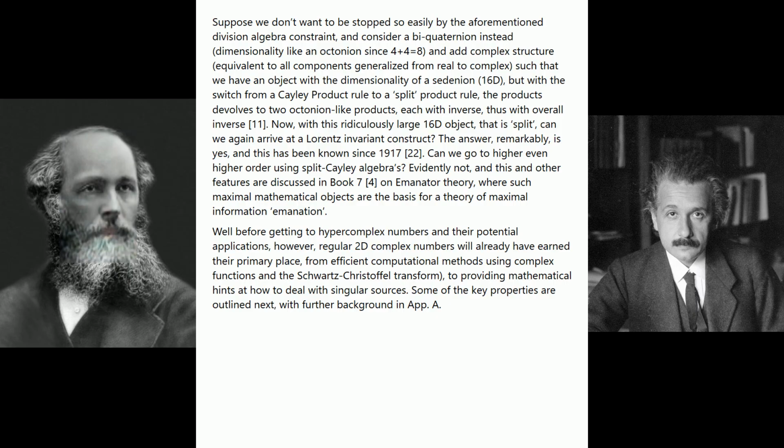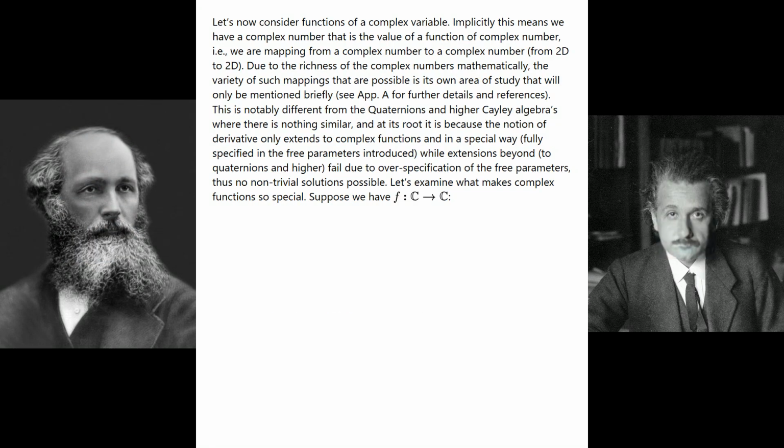Well before getting to hypercomplex numbers and their potential applications, however, regular 2D complex numbers will already have earned their primary place, from efficient computational methods using complex functions and the Schwarz-Christoffel transform, to providing mathematical hints at how to deal with singular sources. Some of the key properties are outlined next, with further background in Appendix A. Let's now consider functions of a complex variable.